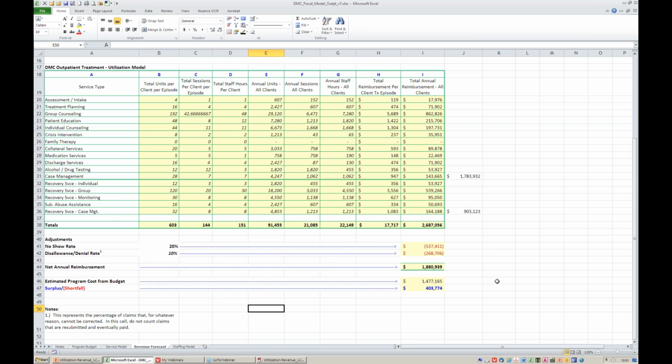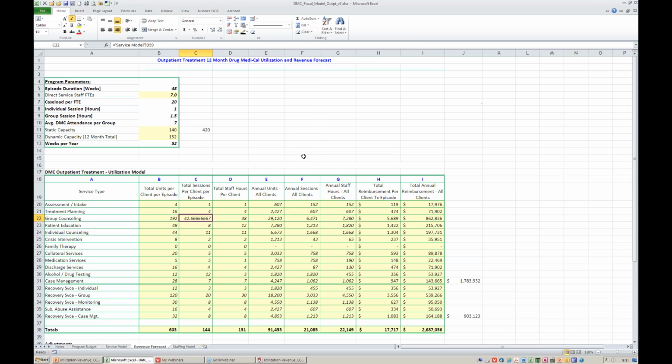Then if you want to pop back up to the top section, you'll notice it changes your total sessions, and it wouldn't be necessary to change line number 9, because you would still be calculating at a 1.5 session, correct?